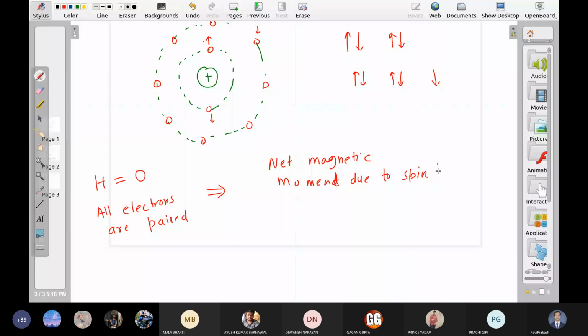Any answer? What will be the magnetic moment of a single atom if all electrons are paired? It is 0, because let us say one electron is producing m magnetic moment. This one is producing minus m. So total is 0. Yes, any doubt?